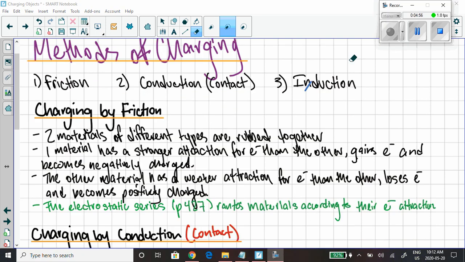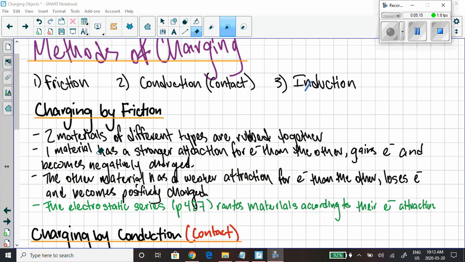All right, I hope you watched segment 2 and segment 3 of the video because that'll make this much easier for you to understand. So the first method, charging by friction. There are two materials of different types. They have to be different, and they're rubbed together. That's where the friction comes into play.